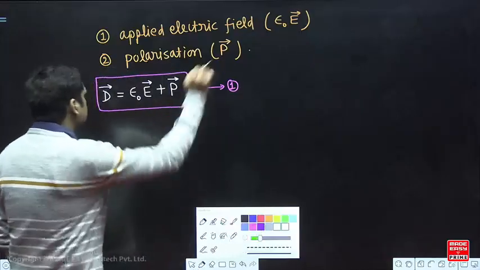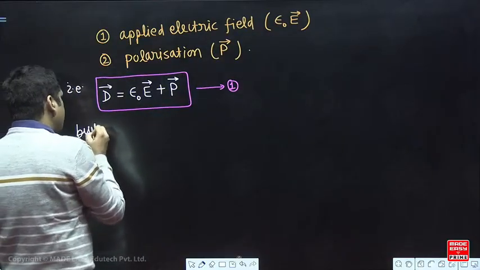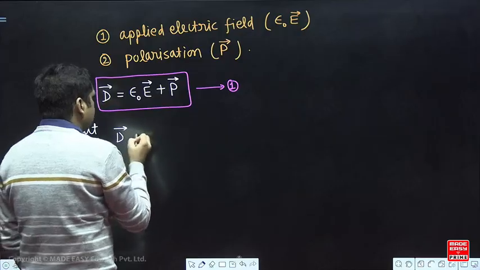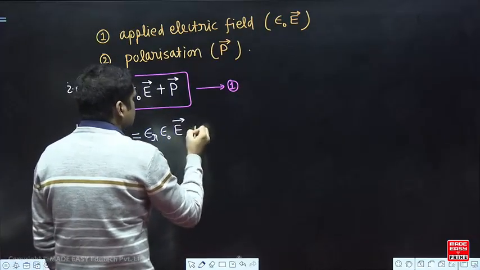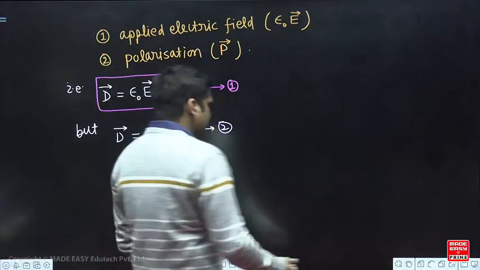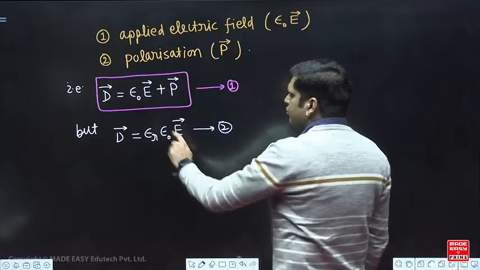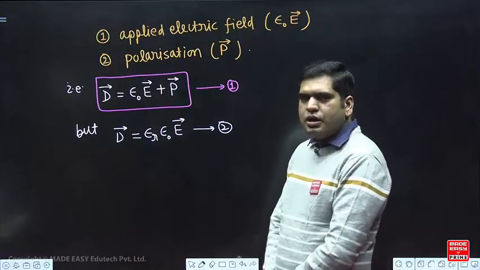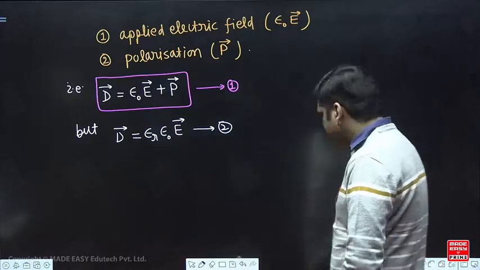Now we can have D value from Gauss's law. मैंने आपको क्या लिखा है? Epsilon r epsilon naught into E. This is from physics. From equations 1 and 2, they are representing the same quantity. When you know the epsilon r, you can calculate the total electric flux density, or you can calculate it in terms of polarization plus external supplied charge.